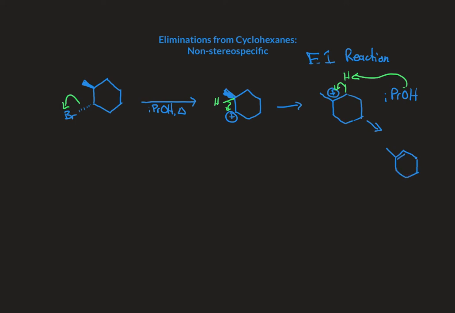So that gets us to one product. The isopropanol could have come in at this carbocation and formed this alkene.